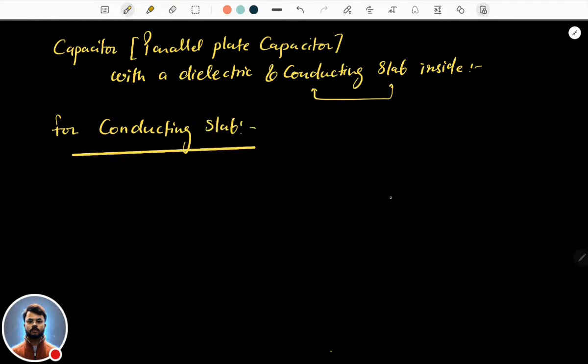we have a parallel plate capacitor, and just draw it in 2D.